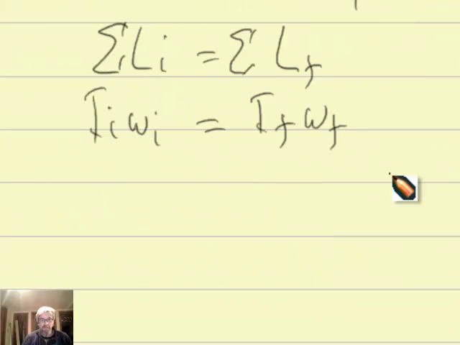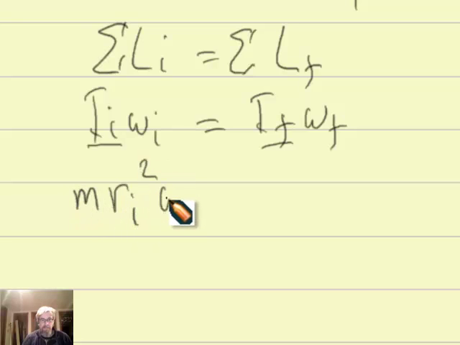Well, let's substitute I equals mr squared in for this initial I and this final I in the conservation of angular momentum equation. So that means m times r initial squared times omega initial is initial angular momentum. We're assuming that mass doesn't change here, just changing positions, not its size.